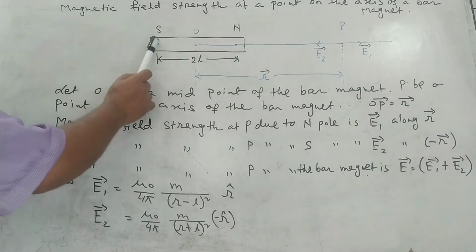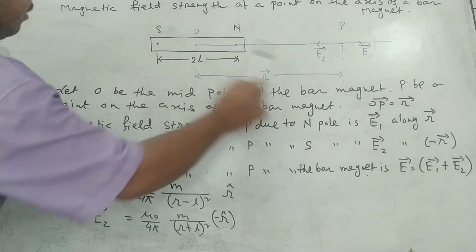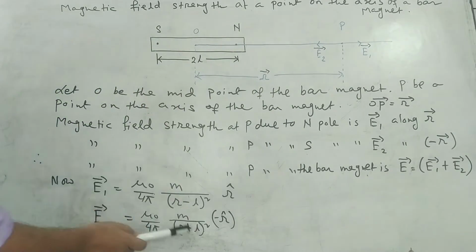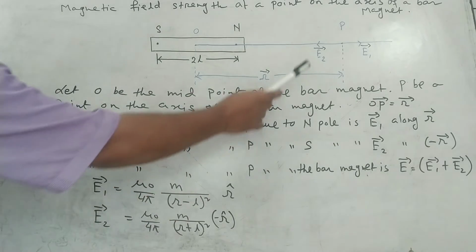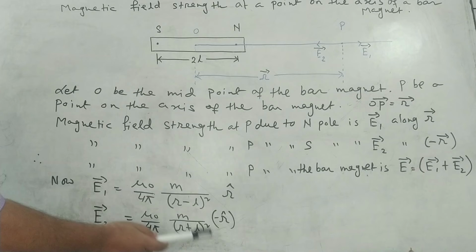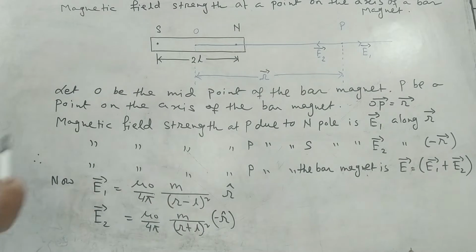Here the distance between S and P is R plus L, and the direction of E2 vector is opposite to R vector. That's why we write the minus sign.